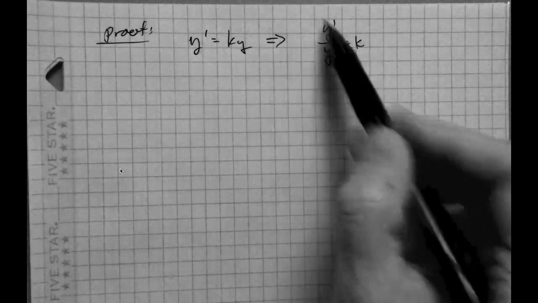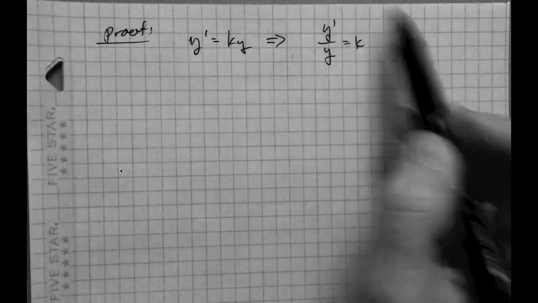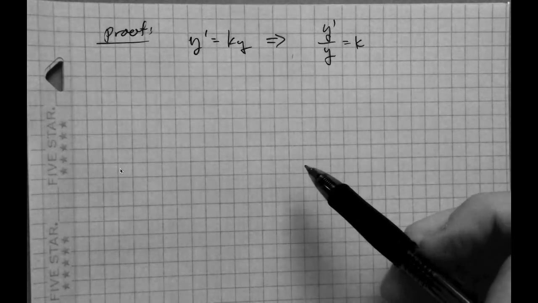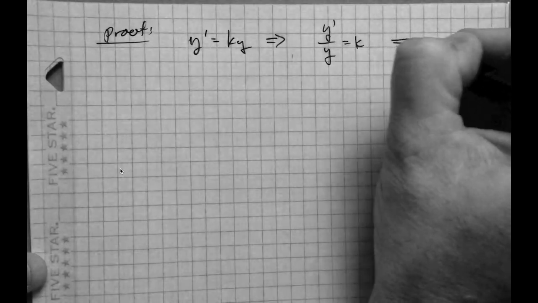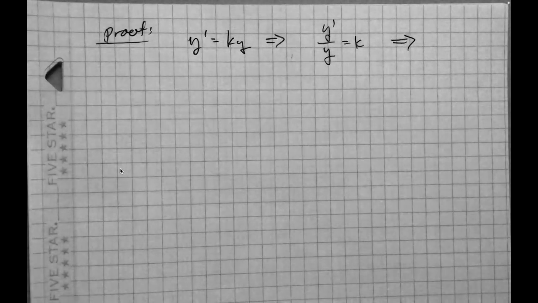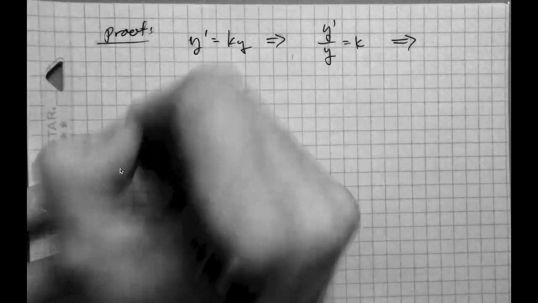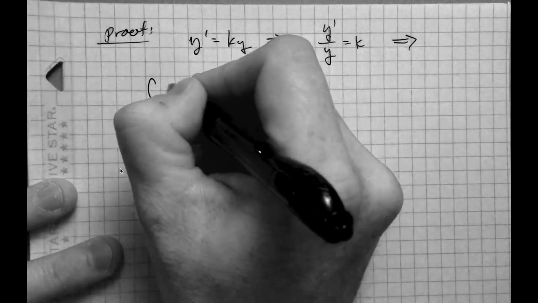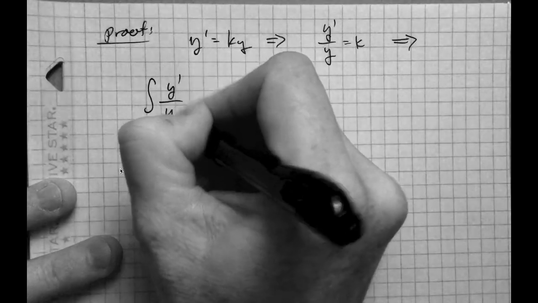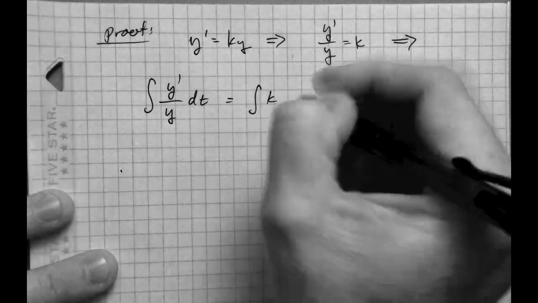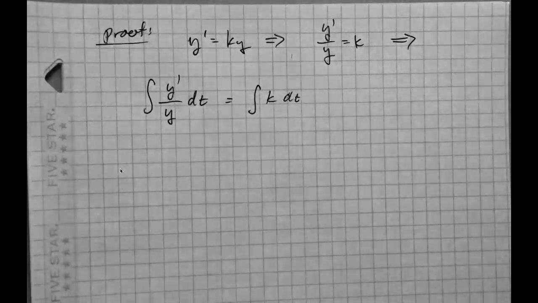You get all the y variables on one side and all of the t variables, in this case it's just a constant, on the other side. And then we can integrate both sides with respect to t. And so you get the integral of y prime over y dt equals the integral of k dt.